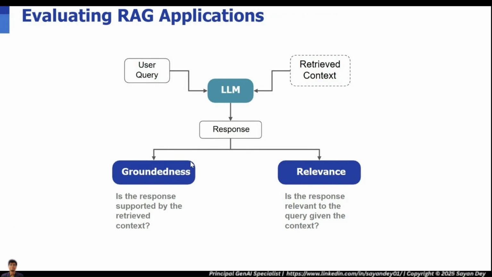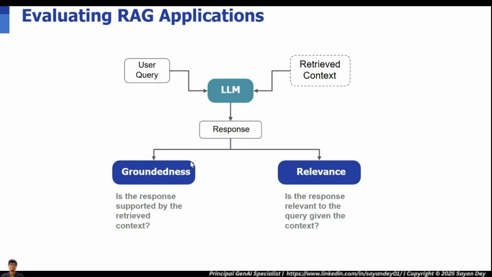So whatever you're responding, is that supported by the context that is retrieved? The response should not be something random. Whatever answer you are giving, that answer should be based on the retrieved context. Very important. That is what we refer to as groundedness.